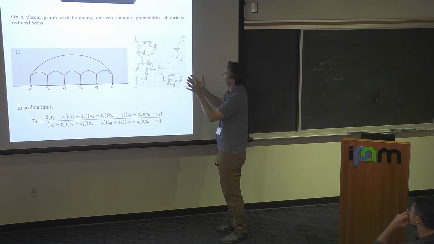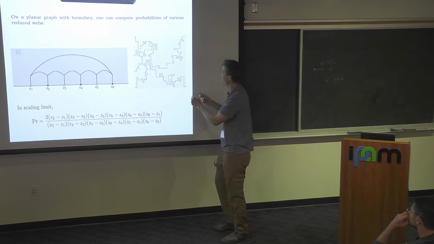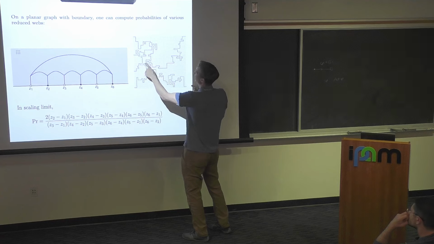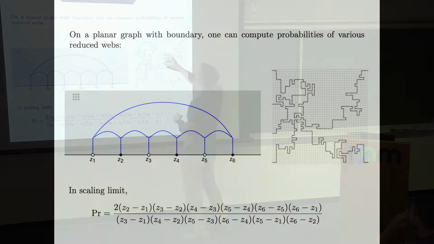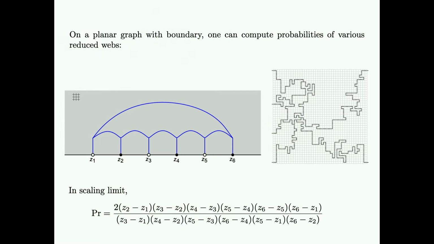And then there's a way to take three dimer covers, which I superimpose on each other, and then secretly there's that spine, which I haven't told you how to create yet. But you draw that spine, and one of the reduced webs has a hexagonal face here with 6 legs. It has this kind of topology here. And you can compute in the scaling limit the probability of that event.